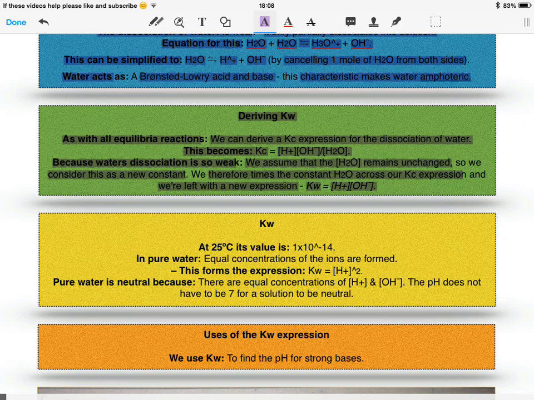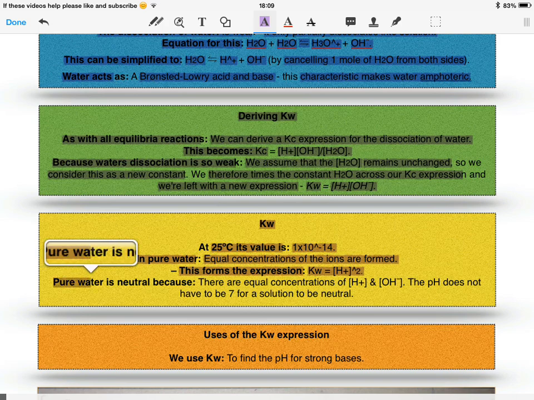So we need to know a few things about Kw. At 25 degrees Celsius its value is 1 times 10 to the minus 14, and the units are mol squared dm to the minus 6. In pure water, equal concentrations of both the ions are formed, so this forms the expression Kw equals [H+] squared, and you may need to remember that in some exam questions.